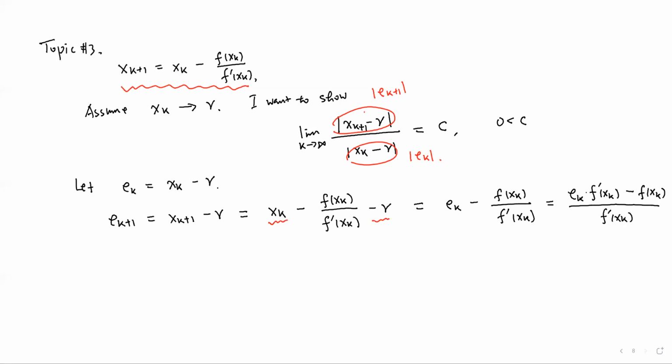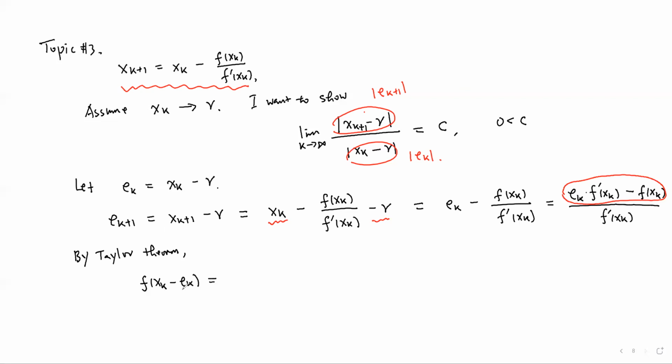Now let me apply Taylor's theorem to the numerator. By Taylor's theorem, we have f(x_k - e_k).